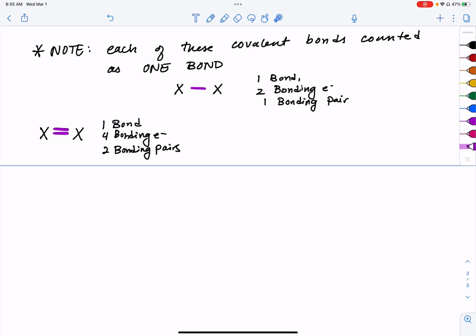It's just one bond that involves a higher degree of sharing or a higher degree of covalency. And then lastly, if I had 2 elements that were triply bound together, this would still count as one bond, but it is comprised of a total of 6 bonding electrons, or shared electrons, or 3 bonding pairs. Because recall, each line in the Lewis system represents a shared pair of electrons.